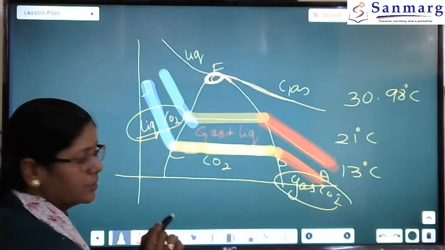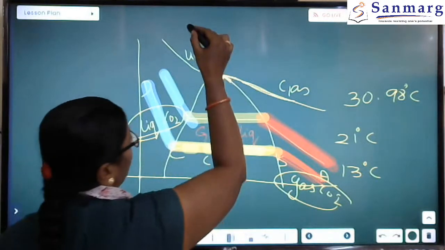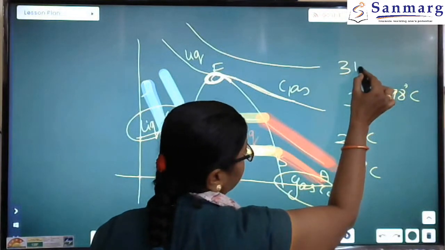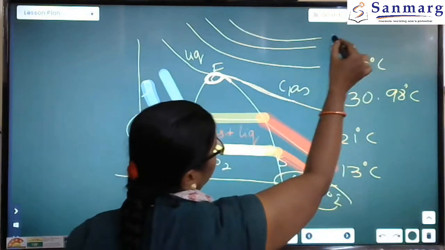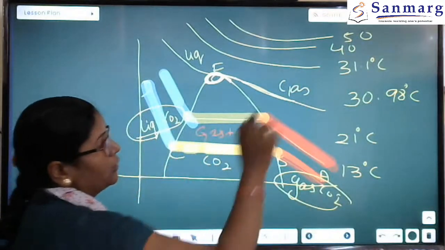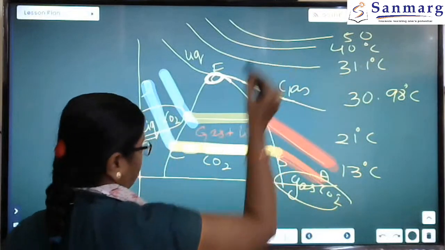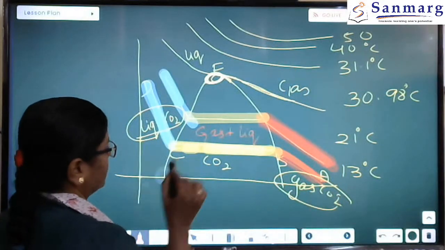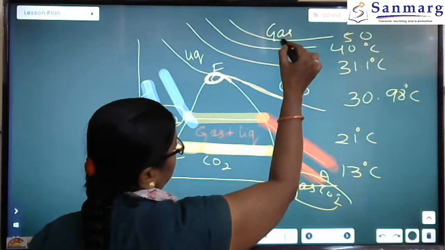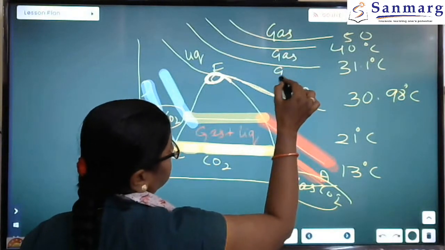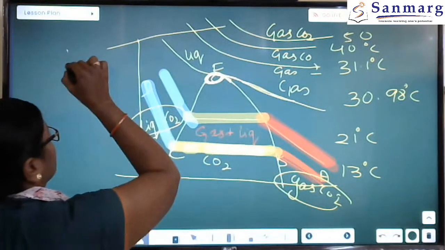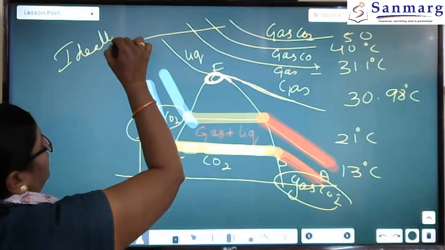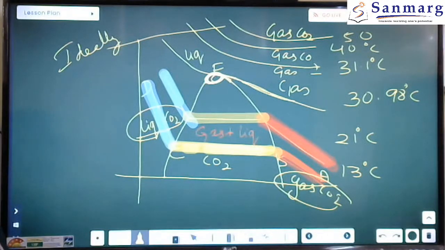After this point, at 31 degrees Celsius, 40 degrees Celsius, 50 degrees Celsius, you can see it is in gaseous state, gas carbon dioxide, behaving ideally. So these are called Andrews isotherms.